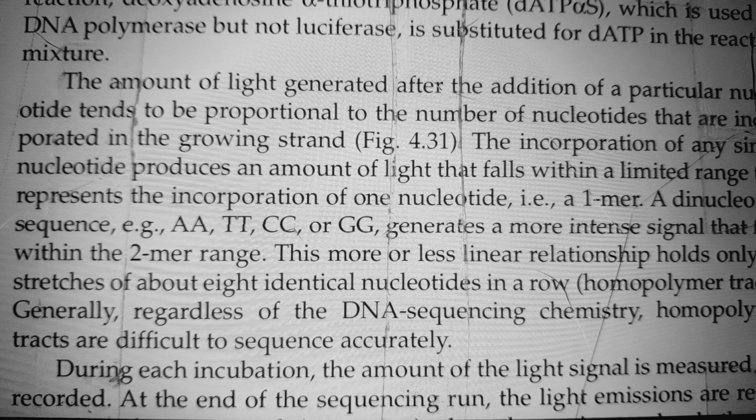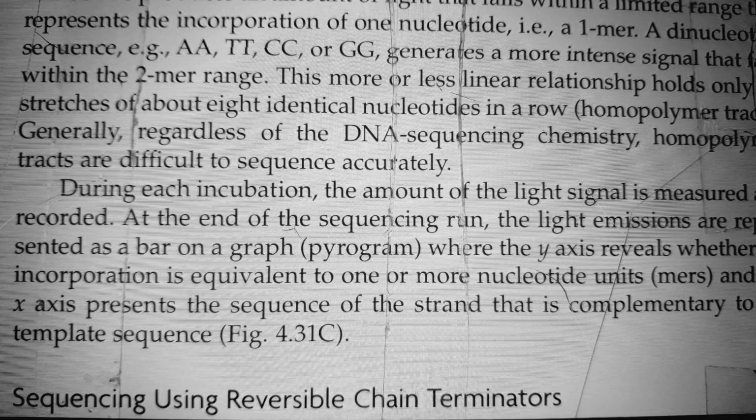That is, a dinucleotide sequence, for example AA, TT, CC, or GG, generates a more intense signal that falls within the 2-mer range. This more or less linear relationship holds only for stretches of about 8 identical nucleotides in a row, homopolymer tracts. Generally, regardless of the DNA sequencing chemistry, homopolymer tracts are difficult to sequence accurately.